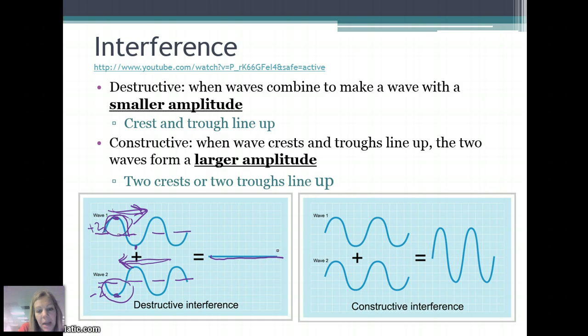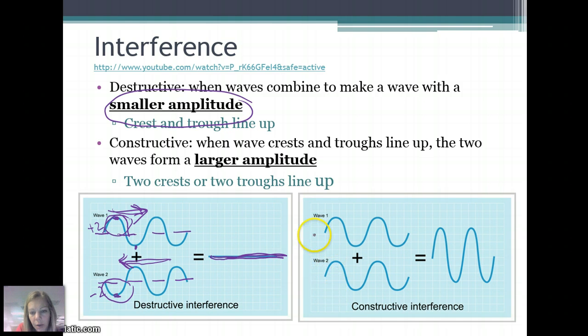So the medium at that second in time would just go back to being undisturbed. So basically, this is the key right here, that during destructive interference, you would get a smaller amplitude. It doesn't have to end up being 0. It just might if you have two identical waves moving towards each other.